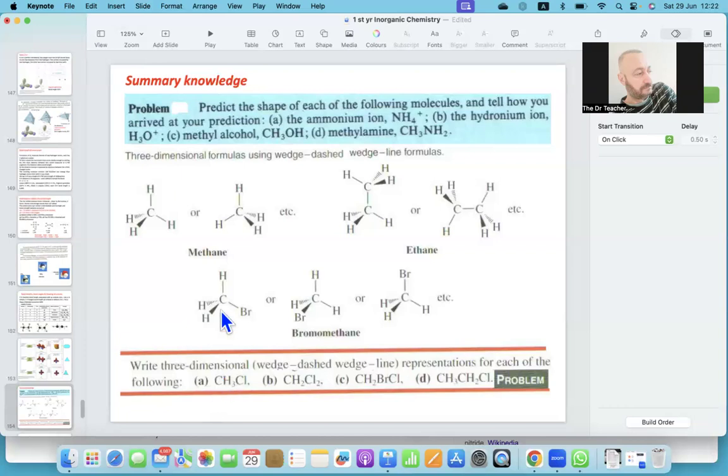So this is the wedge, we call it wedge, dash and line. This is what we call them, the shape. You can do this. And why do they use the wedge, dashed wedge, and line?